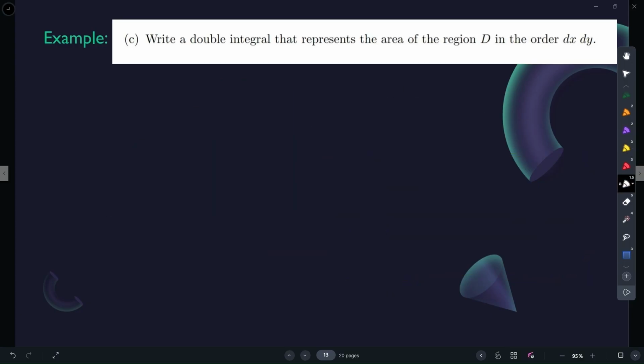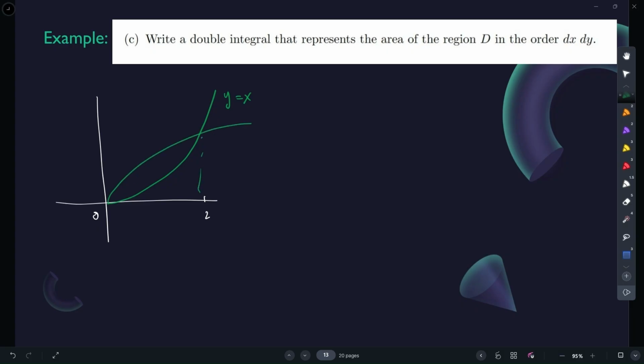But actually, before we do that, they're asking me to write a double integral that represents the area of the region D, now in the order dx dy. So now remember again that we have a region. It was going from 0 to 2 in x, and then the graphs were this one, y equals x squared, and then the other one up to here was x is an eighth of y squared.